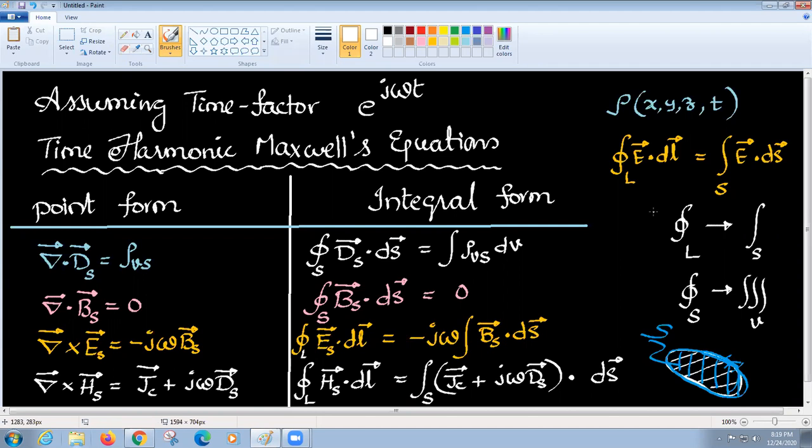Because we are dealing with time harmonic fields now, we have to understand how to represent Maxwell's equations in phasor form. We also understood that the instantaneous form is of course time dependent, and in field theory the instantaneous form also has space information.